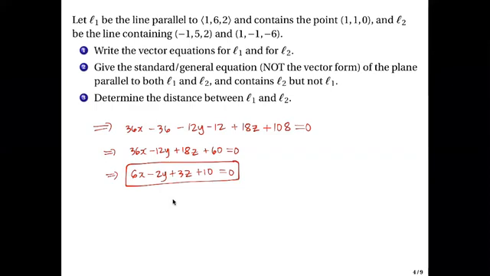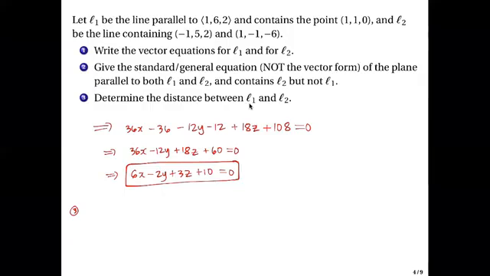Questions? For the third problem here, we want to determine the distance between L1 and L2. So this plane here contains L2. So if we want to get the distance of this L2 from L1, all we need to do is to find the distance between this plane and this line.